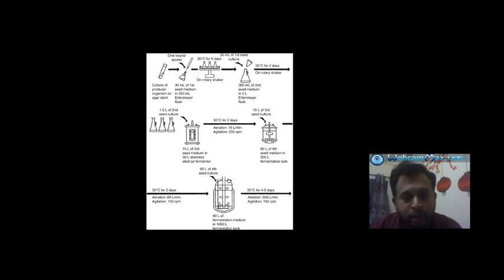Here also the viscosity of the medium will increase because the amount of microorganisms is also increasing. Therefore we have to change the rotary shaker speed from 250 rpm to 150 rpm.